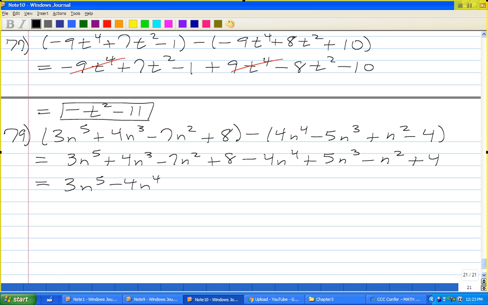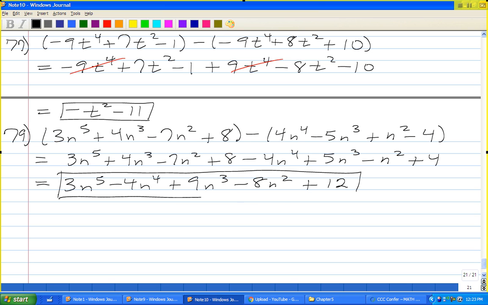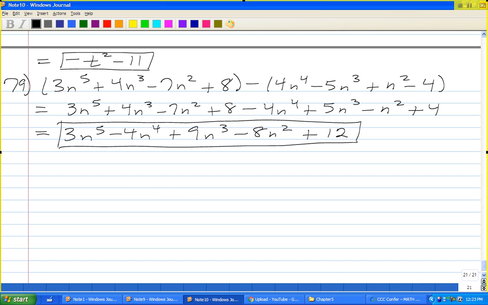I have 4n cubed plus 5n cubed is 9n cubed. Minus 7n squared minus n squared is minus 8n squared. No n's. Plus 8 plus 4 is plus 12. And that's your answer.